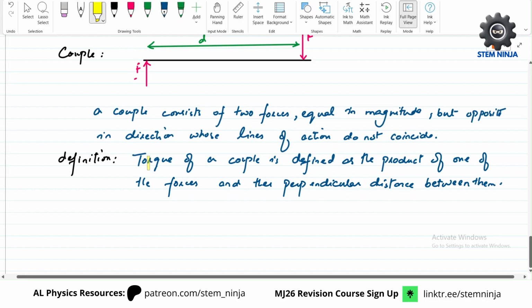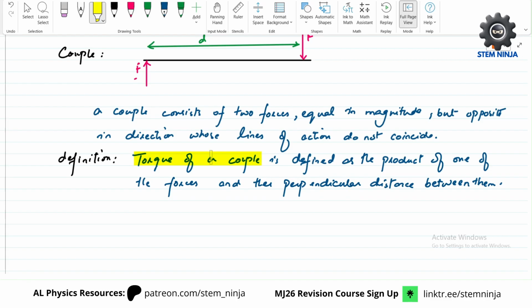That's it. And remember, we said that we call it torque of a couple, not a moment of a couple.